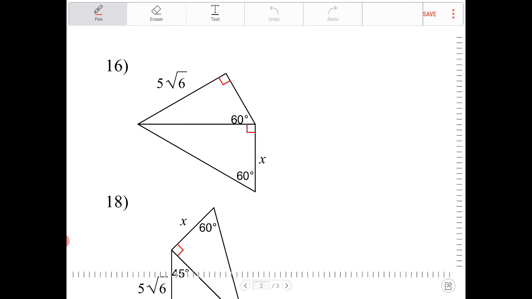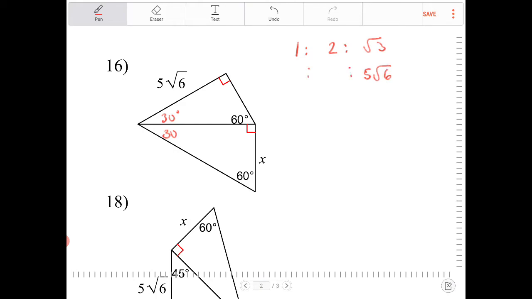Okay, so over here, this is 30 degrees, this is 30 degrees, so 5 radical 6 is opposite 60 degrees. If I have 1, 2, radical 3, the 5 radical 6 corresponds with the radical 3.